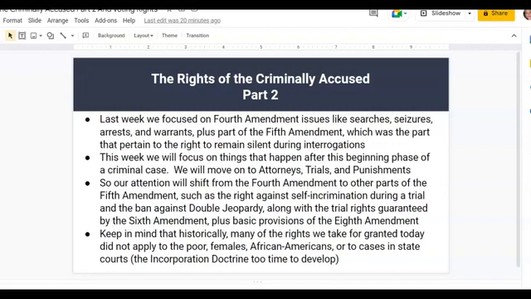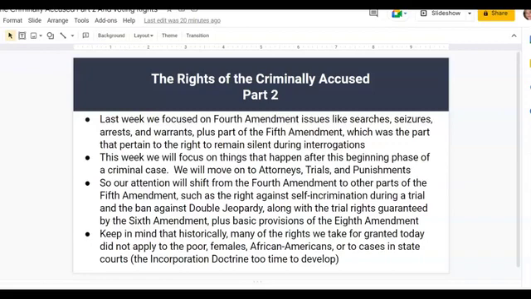Remember, the incorporation doctrine refers to the concept that way back when the Constitution was first written, the whole Bill of Rights was certainly seen by everybody to be applicable to the federal government. In other words, the federal government couldn't violate any of those rights and had to honor all those rights and guarantees.